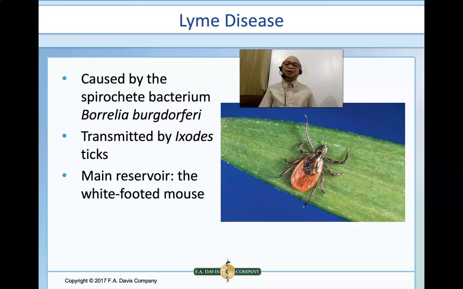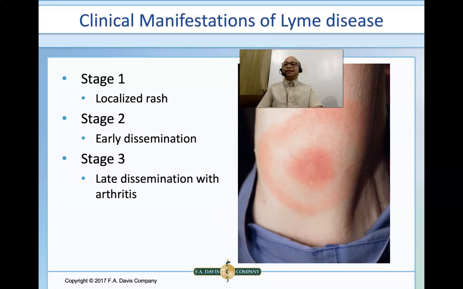The main reservoir would be the white-footed mouse. Clinical manifestations include rash during stage 1, then early dissemination in stage 2, and stage 3 is the late dissemination with arthritis. This is one kind of disease that may even cause juvenile arthritis.